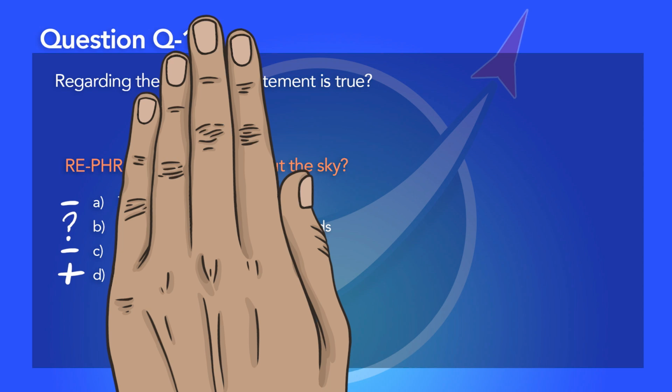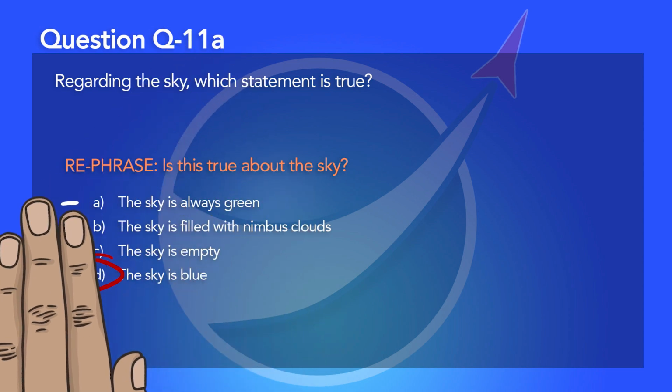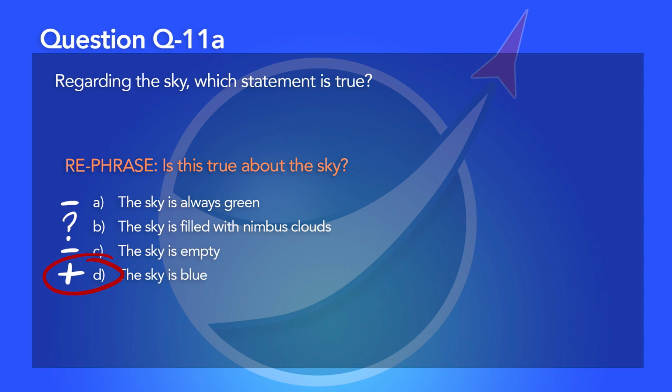And so clearly now the answer is my plus sign. So what I'm going to do is circle that plus sign on my paper, recognize that it is choice D. I'm going to look back to my computer screen and I'm going to choose choice D on the computer and then click next to move on to the next question.